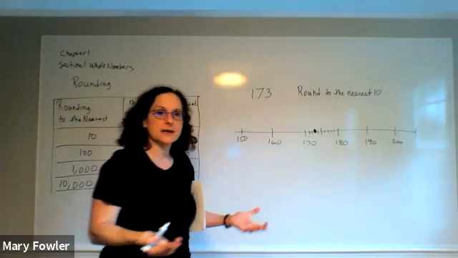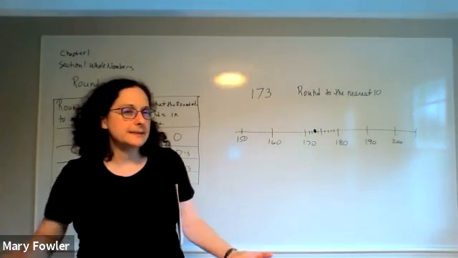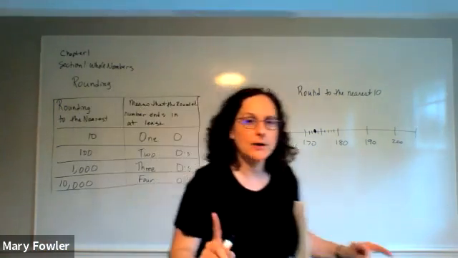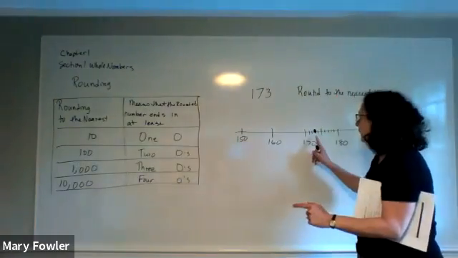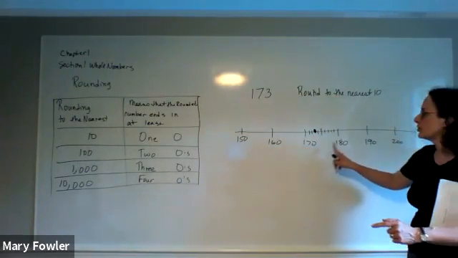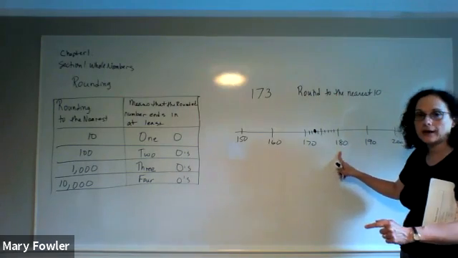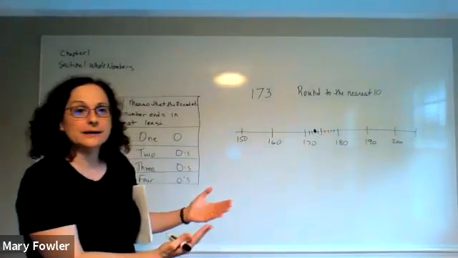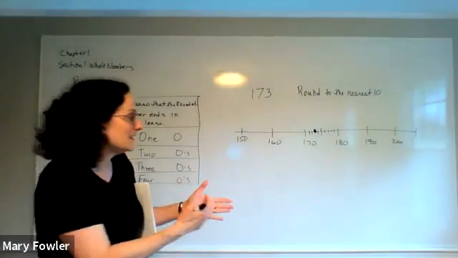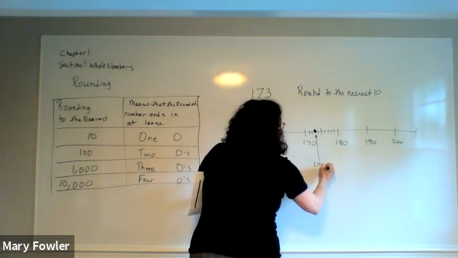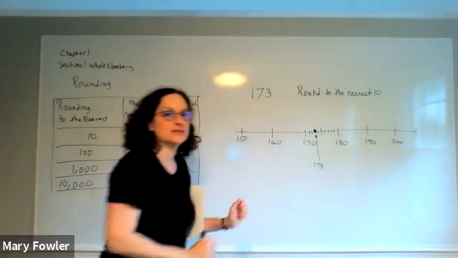So rounding to the nearest 10 means figuring out whether this number is closer to 170 or to 180, okay? And when we look at the number line, we see that 173 is closer to 170.